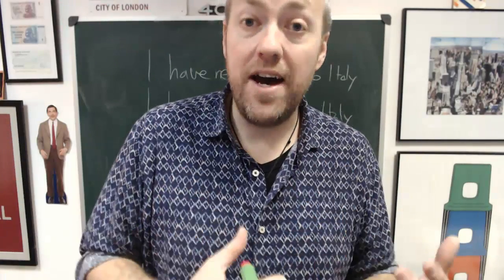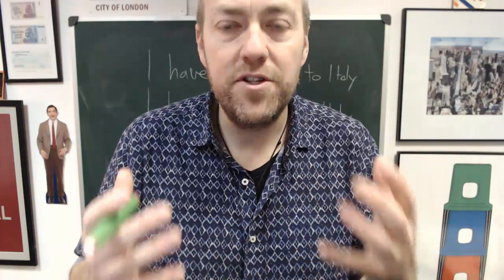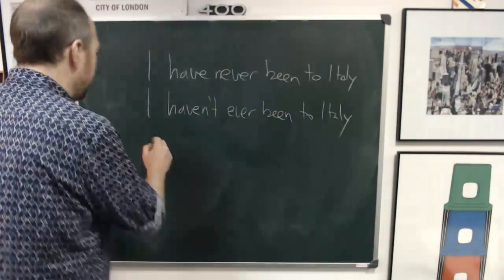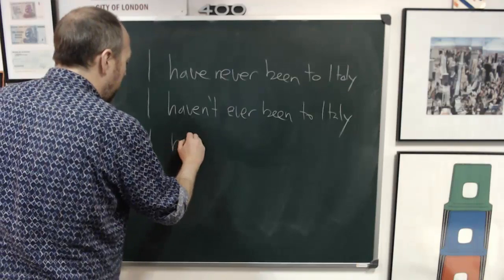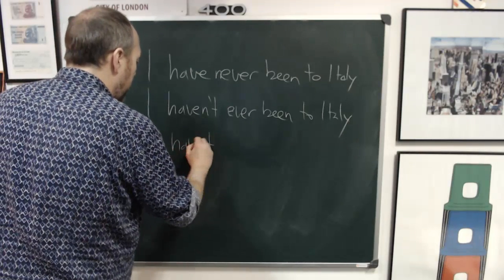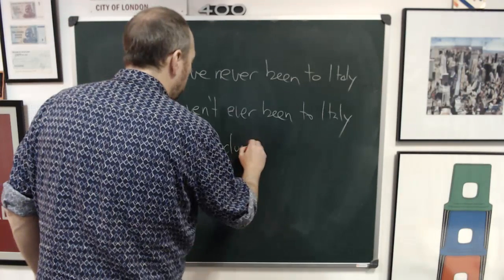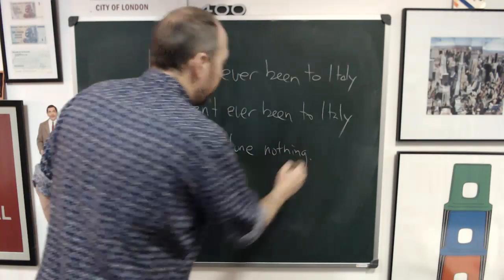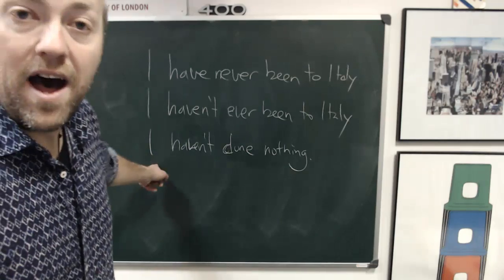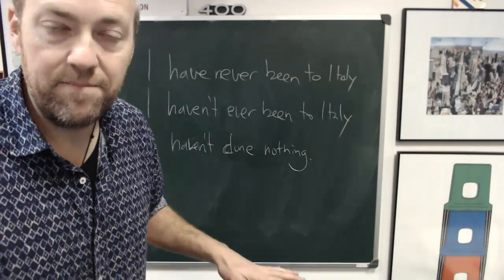In some dialects of English, they love to use double negatives. Like, for example, I haven't done nothing.